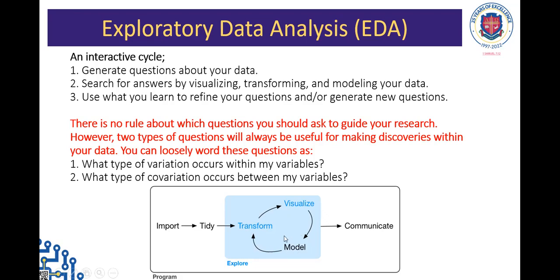In generating models is where you're asking questions that will help you, which you will then answer using particular aspects like your descriptive stats or your dispersion aspects, so looking at aspects of variation. So it's important how you go through the process of generating those questions, and how you search for those answers is the visualization, transforming, and modeling.